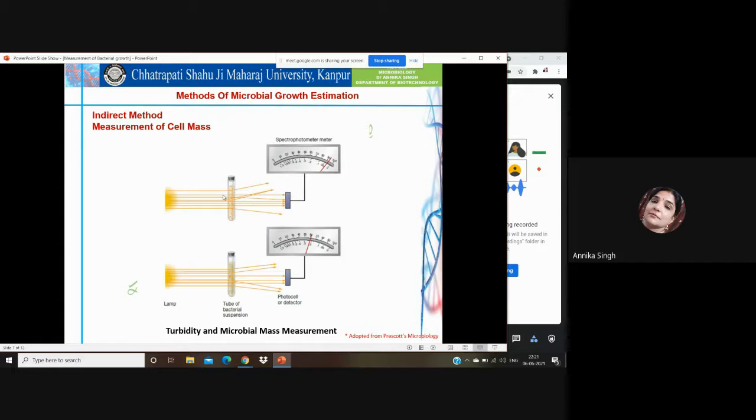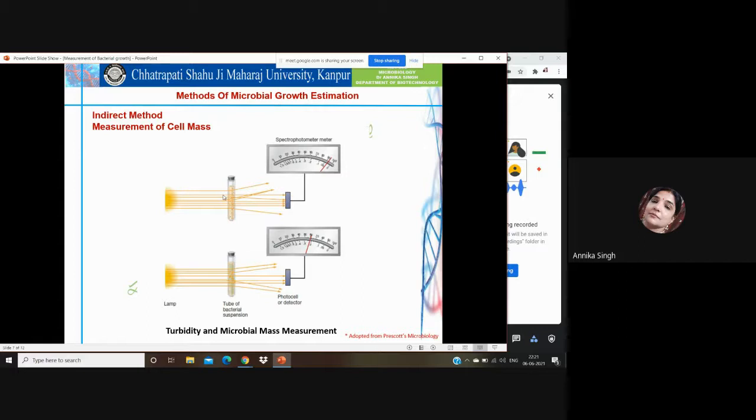When the concentration of bacteria reaches about a million cells per ml, the medium appears slightly turbid.